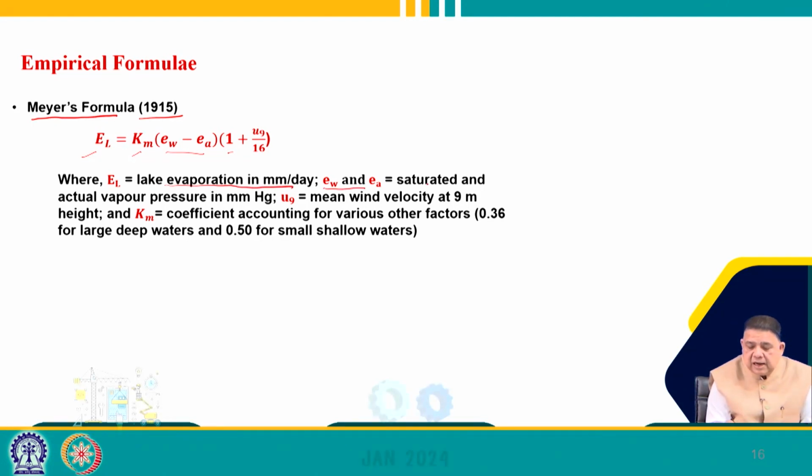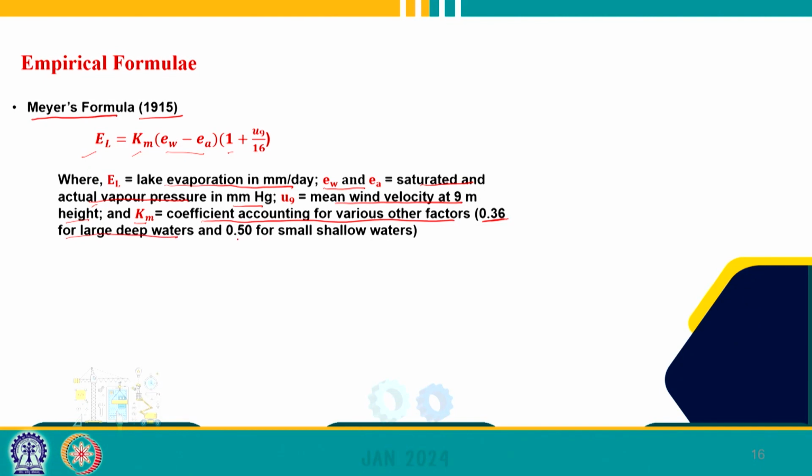EW and EA are saturated and actual water vapor pressure in millimeters of mercury. U9 is mean wind velocity at 9 meter height, and Km is a coefficient which accounts for various other factors, and its value is recommended as 0.36 for large deep waters and 0.5 for small shallow water. So, depending upon what kind of a water body you are dealing with, you have to change the coefficient.